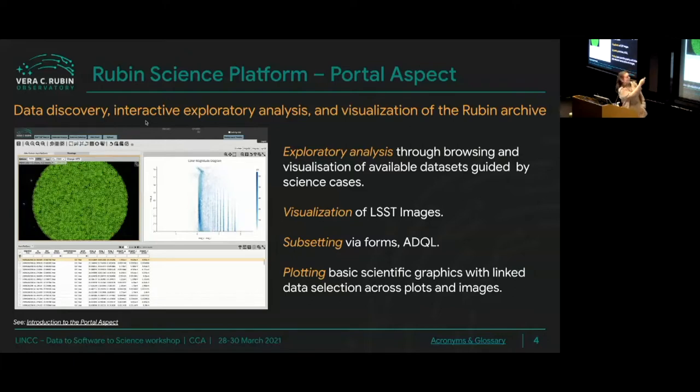You can visualize images. You will be able to visualize LSST images, and this was created using ADQL. So you use forms, subsetting, ADQL to get your data sets. And the portal aspect provides nice automated plotting of basic scientific graphics like this. So this is a great place to start if you just want to start exploring the data set and you don't know what's there. It requires very little programming knowledge.